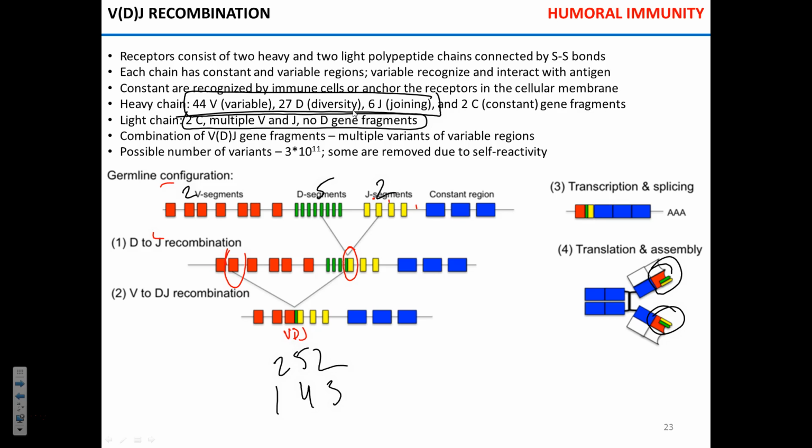Turns out that the number of combinations is 300 billion, which is more than enough to cover possible exposure to antigens throughout our lives. That makes sense? And there's not a lot of genes there.